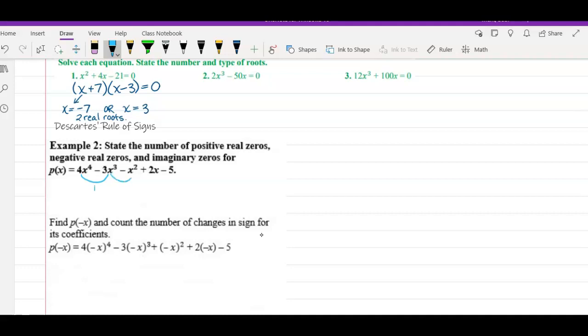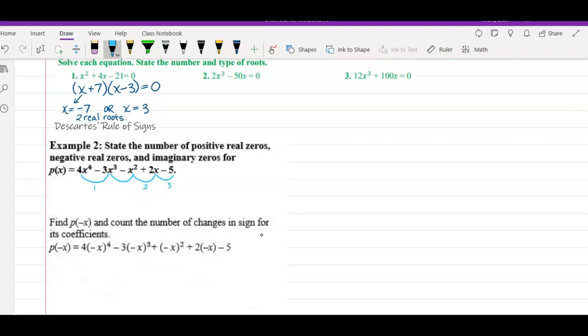Then I go to the next term, negative 3x cubed to negative x squared. Negative to negative, that's not a sign change. Then I go from negative x squared to positive 2x. That's a sign change. And then finally, from positive 2x to negative 5 makes another sign change.